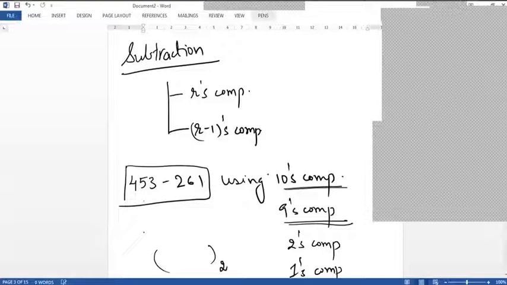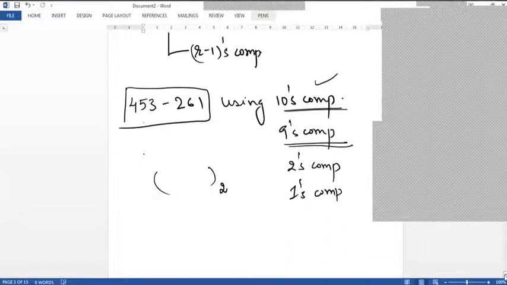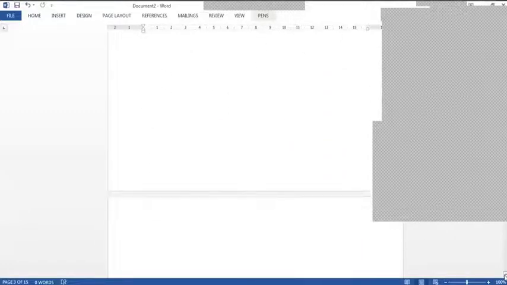Generally, the numbers given for subtraction would be in decimal for 10's and 9's complement, and in binary for 2's and 1's. Now we'll be studying these two methods using r's complement and r minus 1's complement. So let us start.